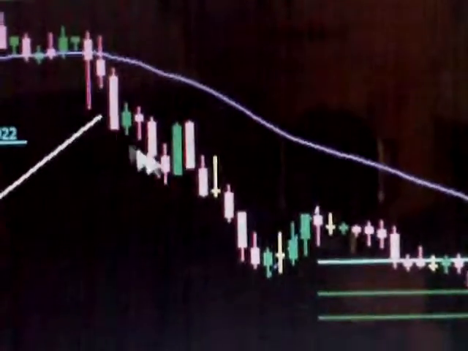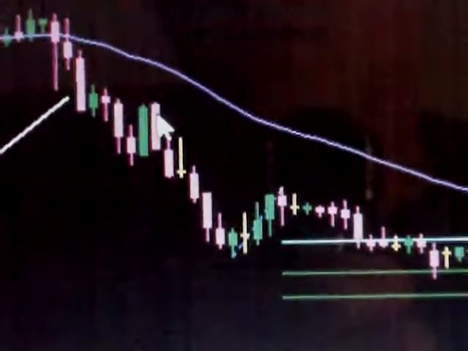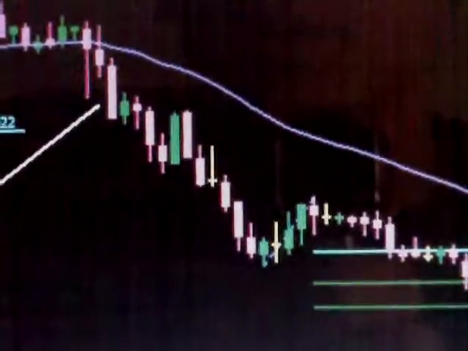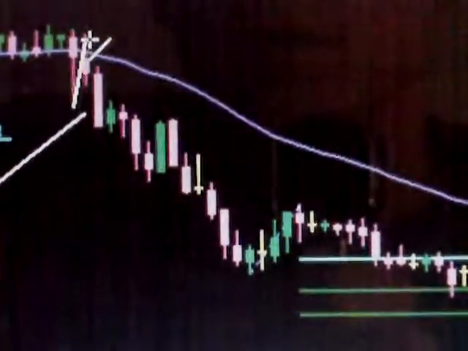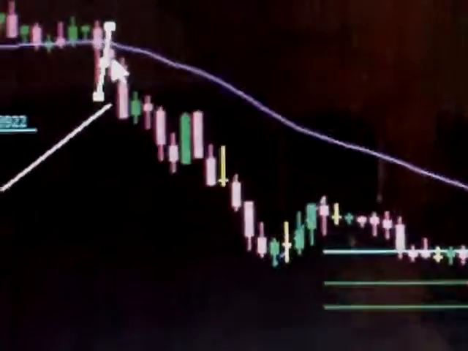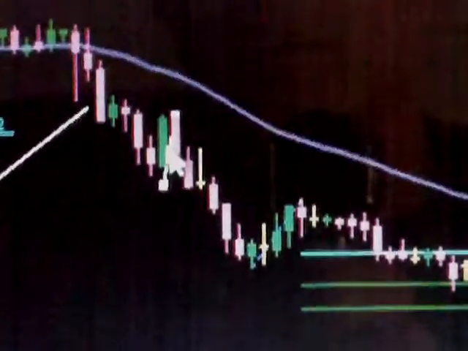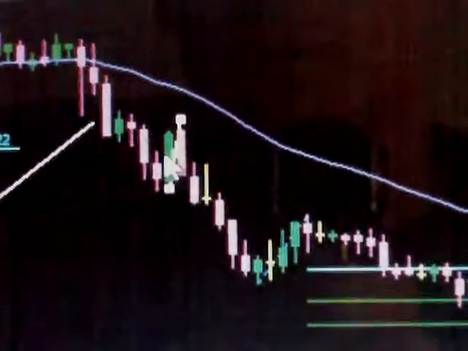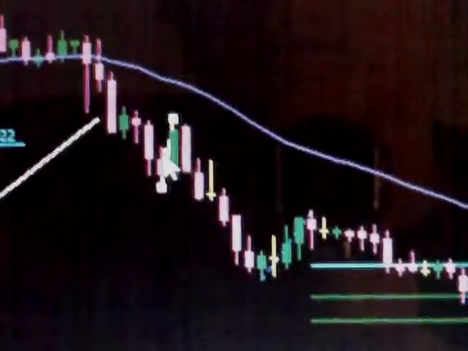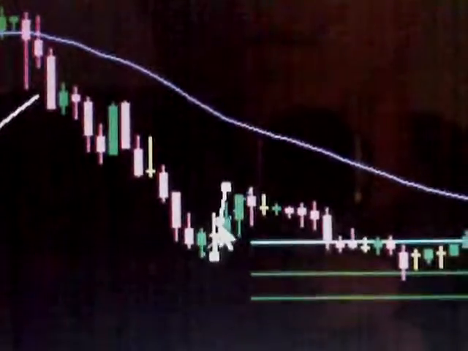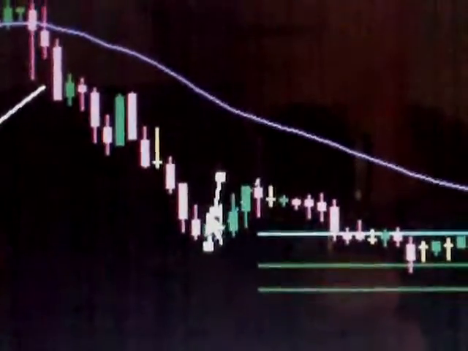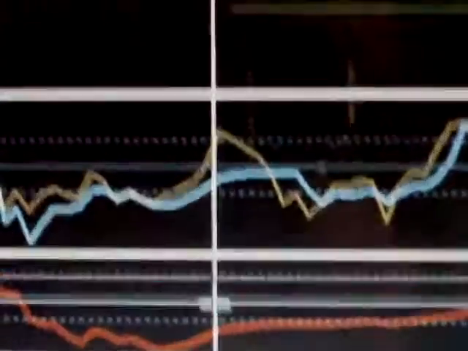You got in here, it goes against you a little bit, but if you take a symmetry resistance from there to there, and you put symmetry over here, you see that the rhythm of the downtrend was never violated. Same thing over here. This symmetry resistance was not violated, and CCI is below negative 100 at this point.